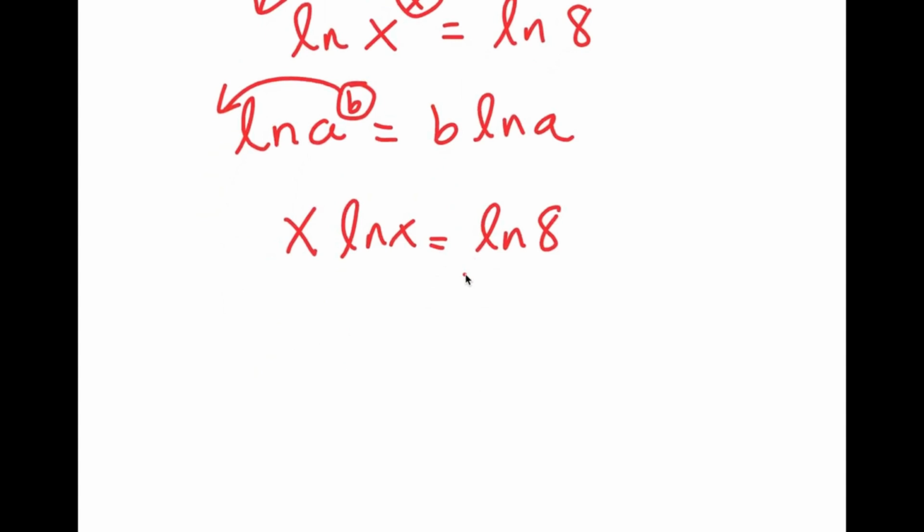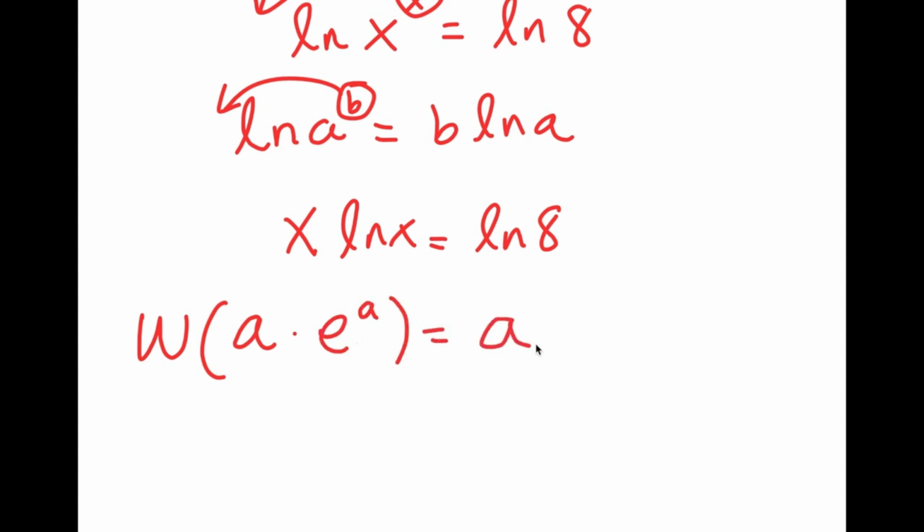Now from here, I'm going to use another formula that states that if I have W of a times e^a, this is equal to a. And this is something known as the Lambert W function. So if I take the W of something in the form a e^a, it's going to equal a.